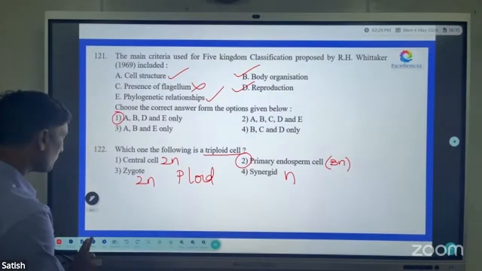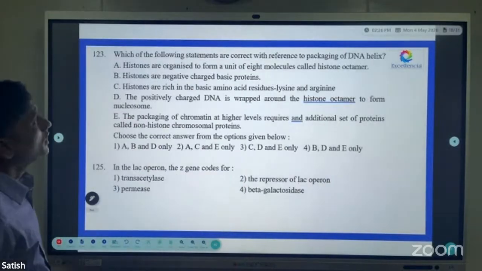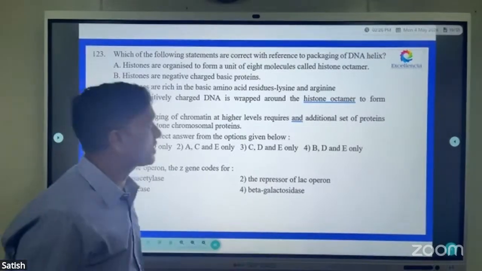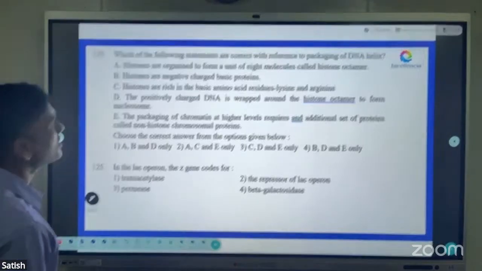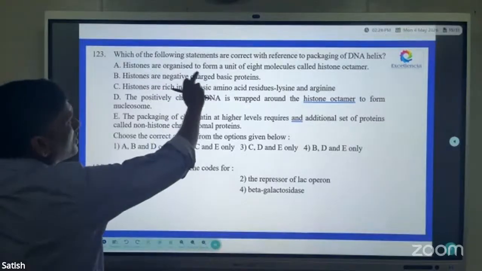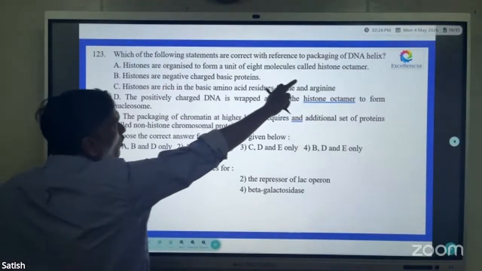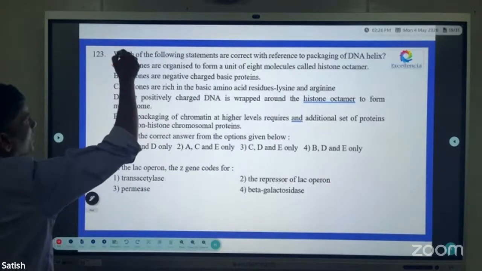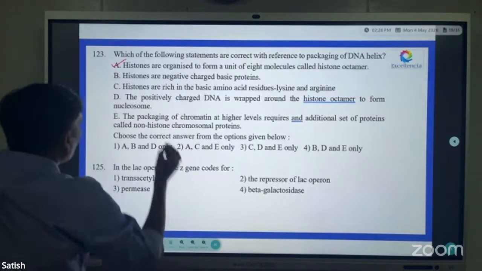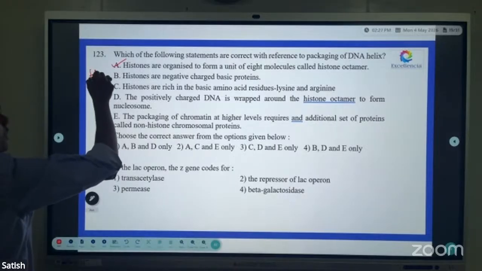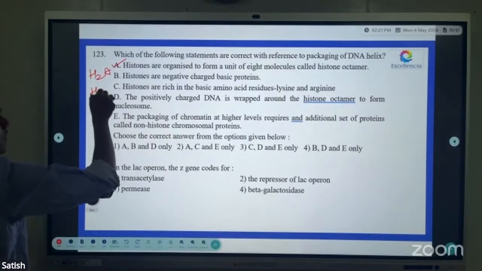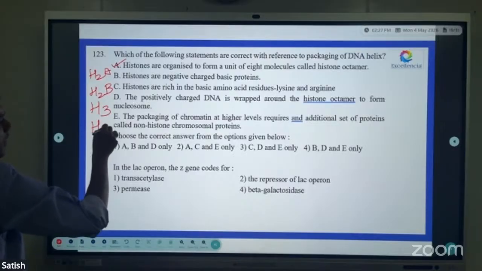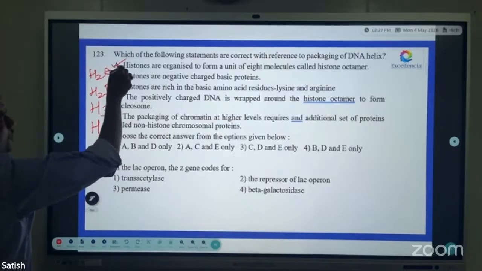Next question. Which of the following statements are correct with reference to packaging of DNA helix? This is related to molecular basis of inheritance. So statement A, histones are organized to form a unit of 8 molecules called histone octamer. Yes. This octamer contains the proteins H2A, H2B, H3, and H4, each with 2.